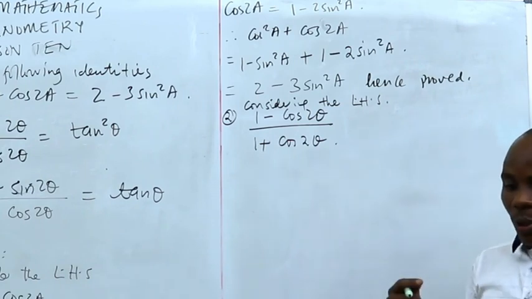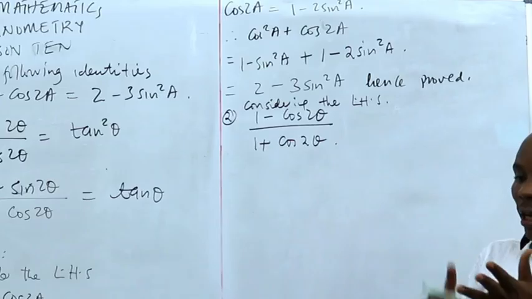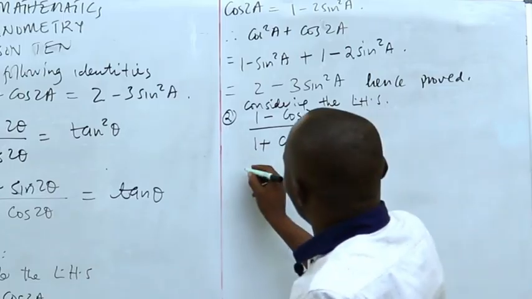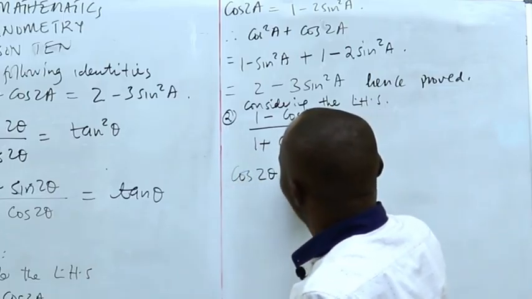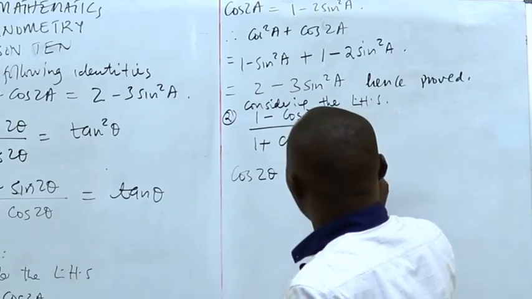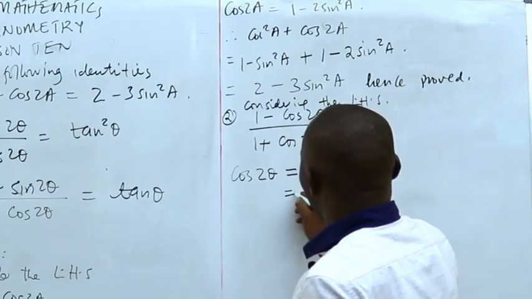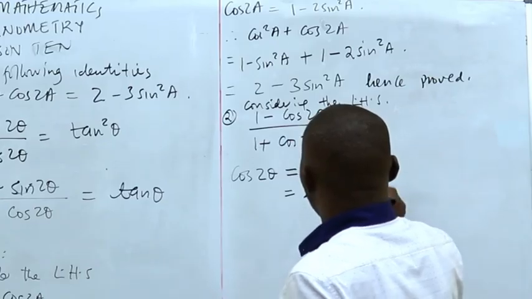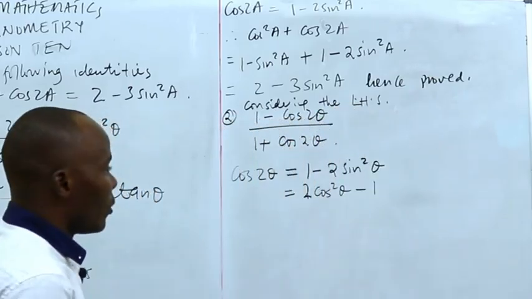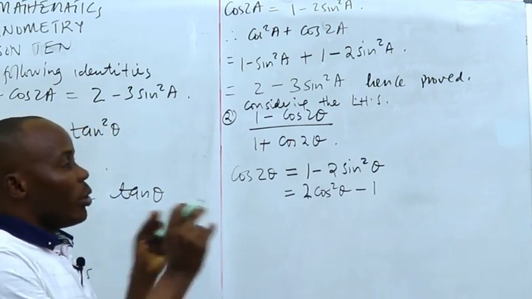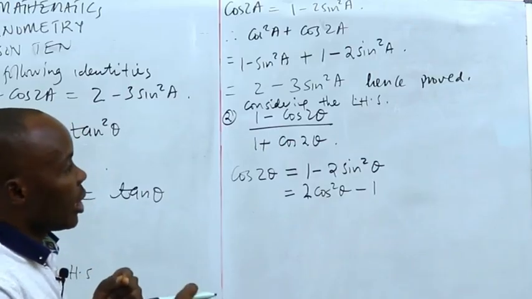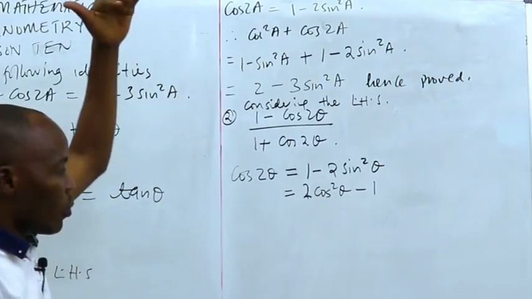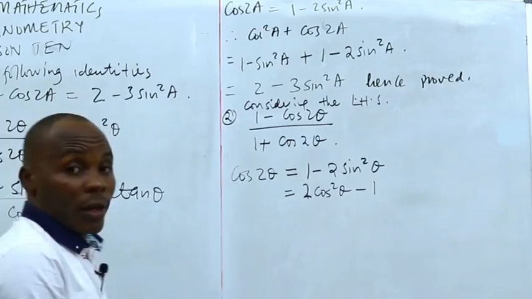Deep in your mind, you should know that tan is sine over cos. So we can have cos 2 theta as 1 minus 2 sine squared theta, but that same thing is 2 cos squared theta minus 1. Why am I giving those two expressions? I want both to appear. The sine must appear and the cosine must appear, but since I need to prove a tan squared, the sine should be on top and the cosine should be down.